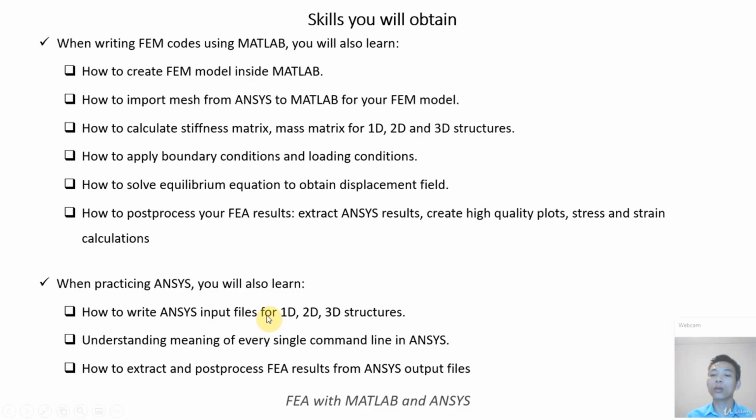You don't have to click buttons and input parameters. You write in a text file and then just tell ANSYS to read that file to run the whole simulation.